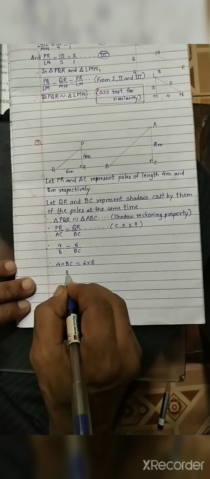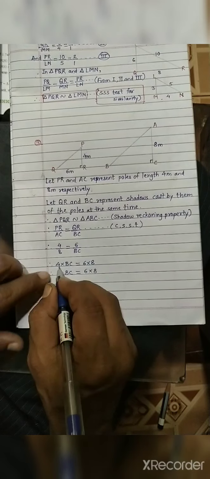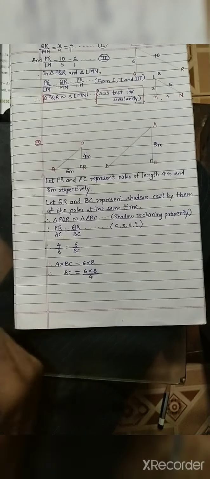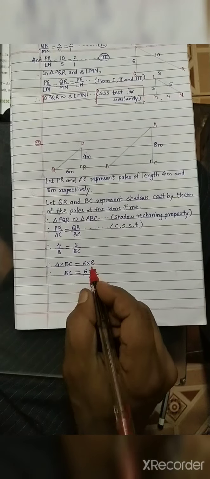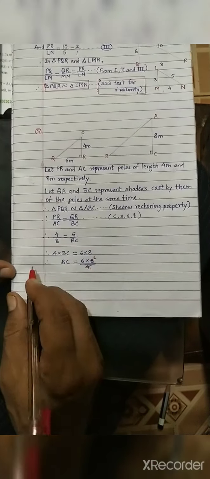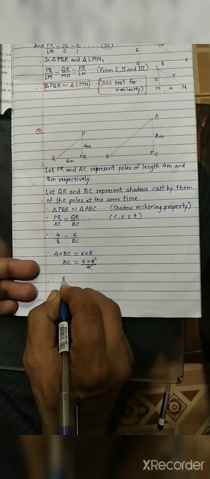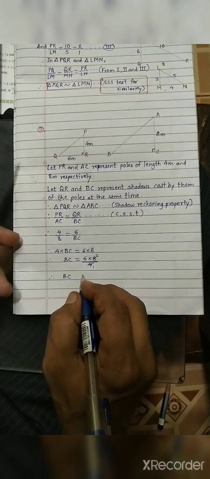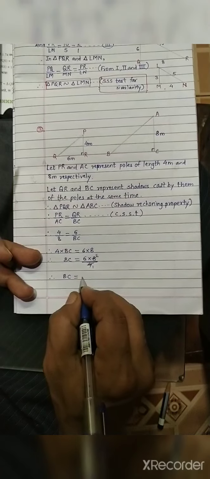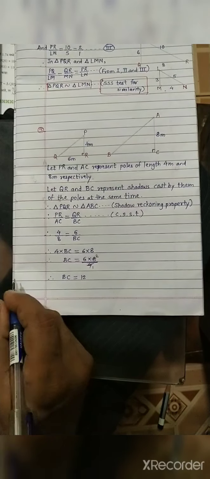So BC is equal to 6 multiplied by 8 divided by 4. Now 4 ones are 4, 4 twos are 8, so BC is equal to 6 twos are 12.